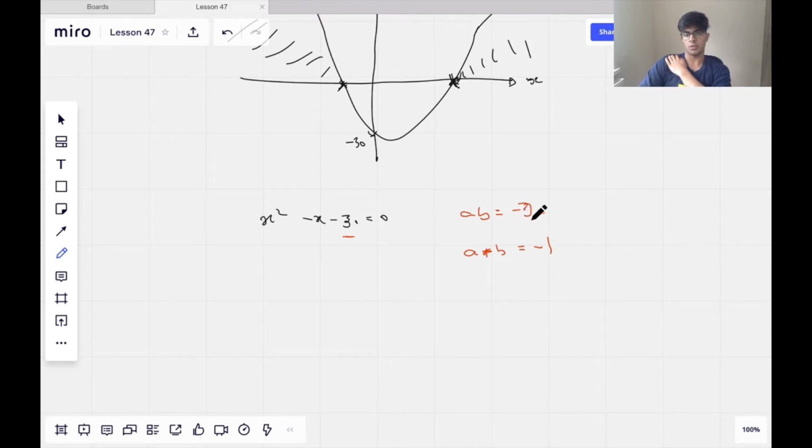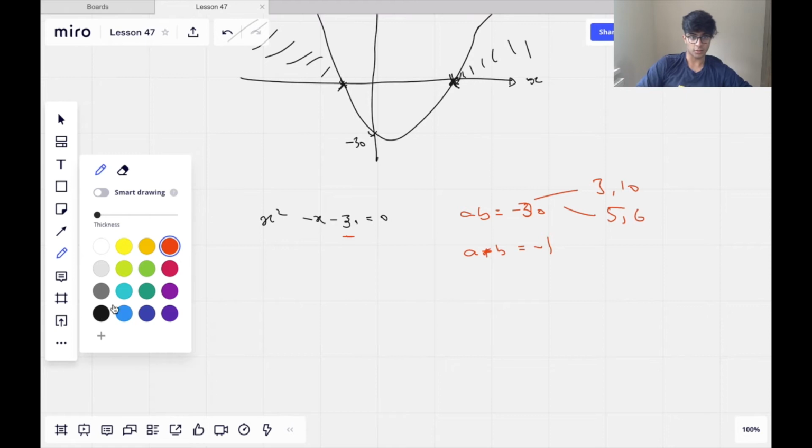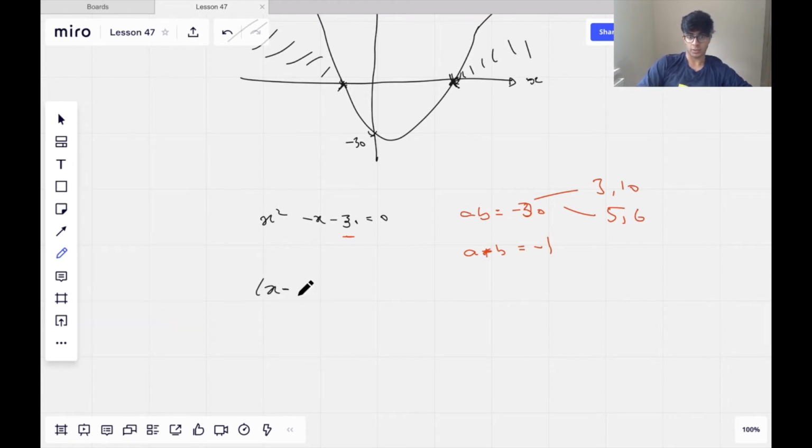We might think 3 and 10, but that doesn't work, because 3 minus 10 is minus 7. Let's try 5 and 6. Yeah, that works, because 5 minus 6 is minus 1. So we can say this is x minus 6 and x plus 5 is equal to 0.